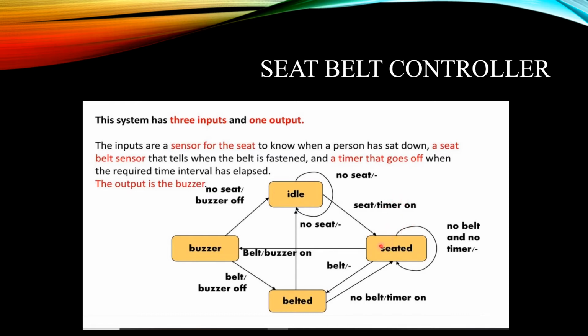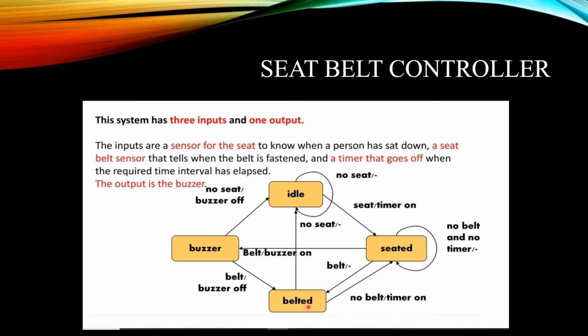Once in the seated state, there are two possibilities: he can wear the seat belt within the specified amount of time, or he cannot. If he wears the seat belt, the state goes from seated to the belted state.